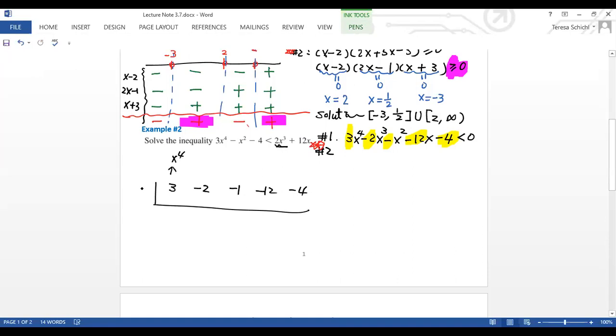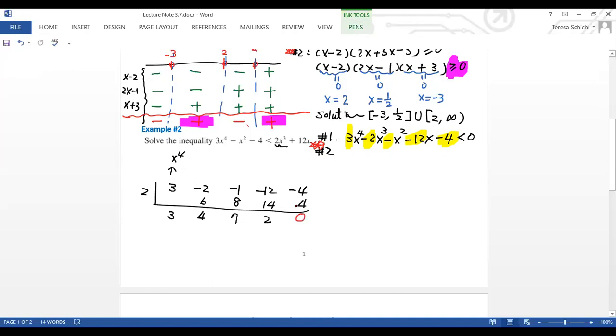Now I try 2 and let's see if it works or not. 3 moves down here. 2 times 3 is 6. 6 plus -2 is 4. 2 times 4 is 8. 8 plus -1 is 7. 2 times 7 is 14. 14 plus -12 is 2. 2 times 2 is 4. Oh boy, we got it, right? So we got zero here.